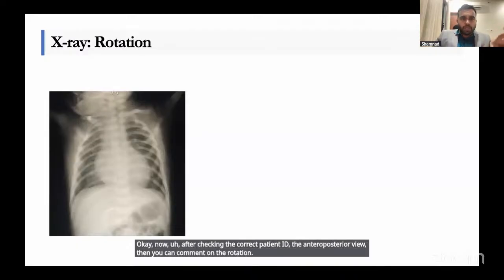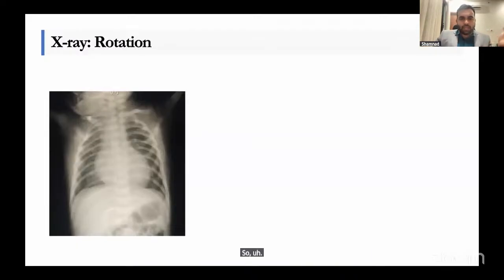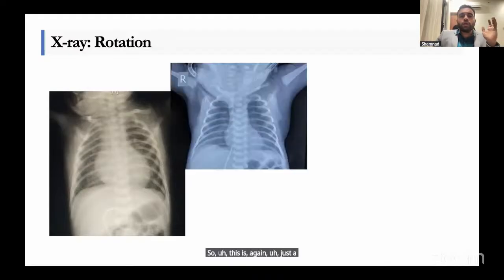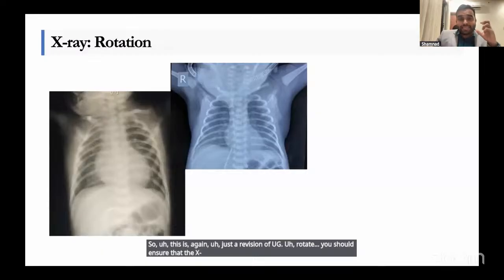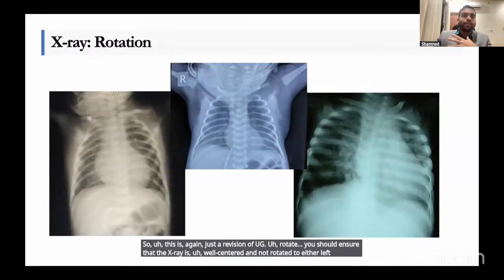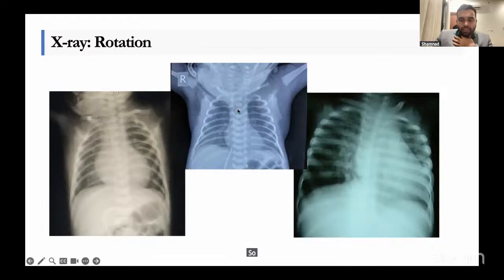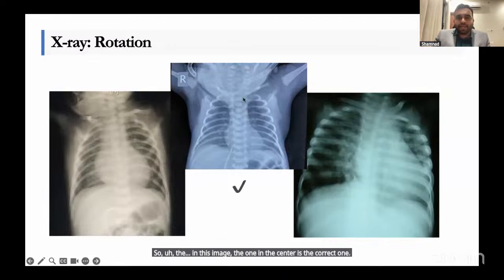Now, after checking the correct patient ID and the anteroposterior view, you can comment on the rotation. This is again just revision of UG. You should ensure that the X-ray is well centered and not rotated to either the left or the right. In this image, the one in the center is the correct one. And how do you decide that? Both clavicles should be equidistant from the center.